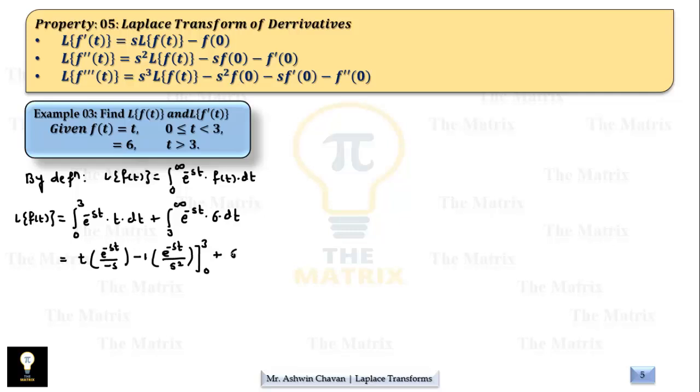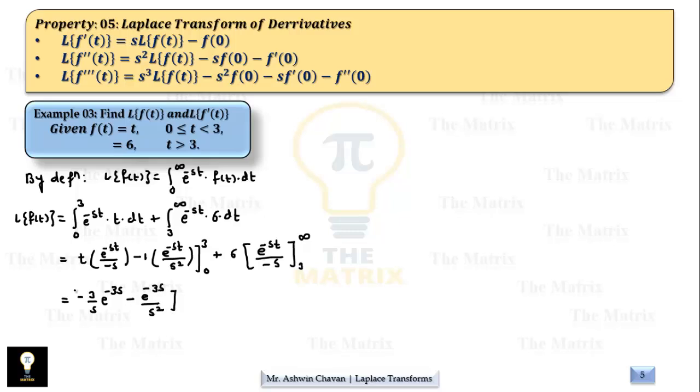Plus here 6 is a constant outside and only the single function e raised to minus st, so it is integrated as e raised to minus st upon minus s in the limits 3 and infinity. Now for the upper limit, the first term gives us, with t equal to 3, minus 3 by s e raised to minus 3s, minus e raised to minus 3s upon s square.